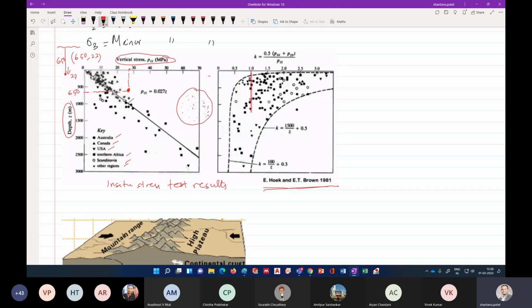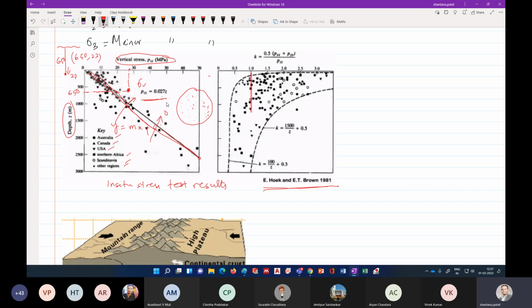And he found out this interesting fact that all the data points lie around this line. So this is a line, like y equals mx plus c kind of thing. So c is 0 here, and what is this y? Y is your vertical stress, sigma v, which is 0.027 times z.